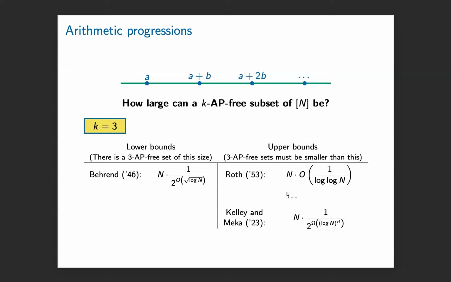Instead of 2 to the square root log n, they get 2 to the log n to some beta, where beta's been improved over the subsequent few months. I think the current state is that it's 1 over 9. So a fairly small gap, especially when compared to the result of Roth from 1953.